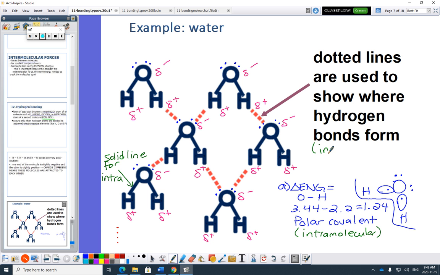You could put intermolecular there if you want, because any of the intermolecular forces you could show using broken lines, and any of the intramolecular you could show using solid lines.